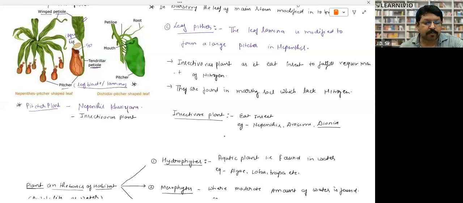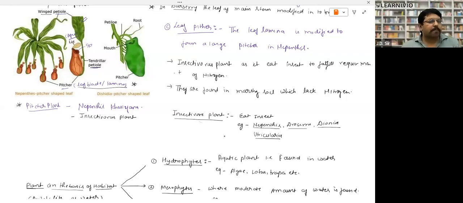Drosera is called honeydew plant. Dionaea is called Venus flytrap. Nepenthes is called pitcher plant. We will encounter these plants in further classes, but for the time being, you have to remember these three plants. Will you remember it? One more, Utricularia.